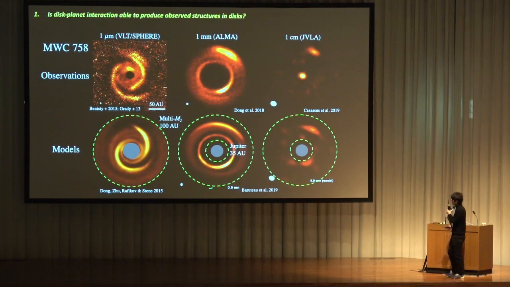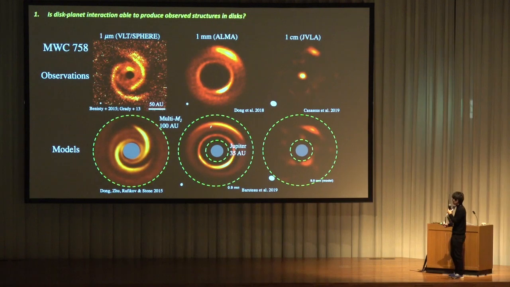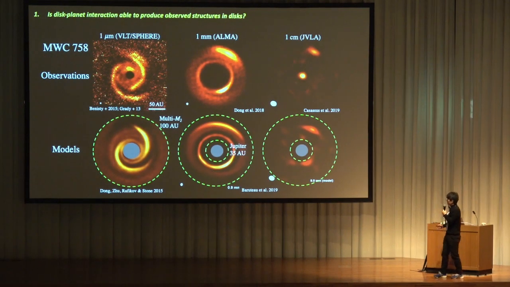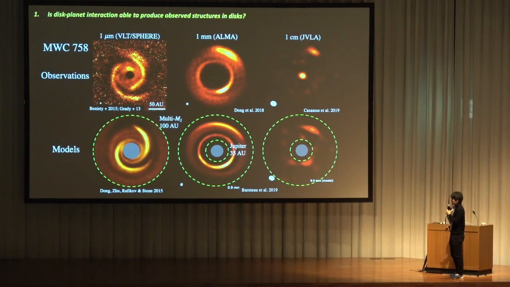The same planet opens a gap, and the inner gap edge is Rossby unstable, forms a vortex, collects millimeter-sized particles, and produces a millimeter emission clump. A second planet, somewhat less massive, is invoked at 35 AU. It too opens a gap and triggers formation of another vortex, producing another millimeter clump. The northern vortex is also good at collecting centimeter-sized particles, which is what we see here, a centimeter emission clump.